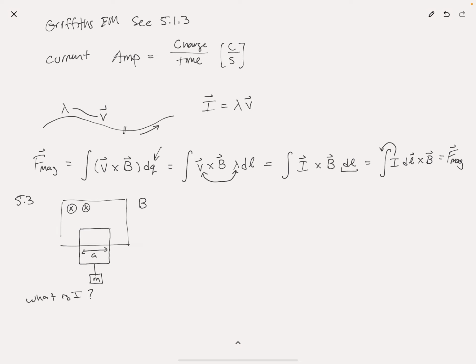The only way for this to happen is to think of a free body diagram. You have a gravitational force, and the only way for it not to fall is to have an upwards force, and that can only come from, in this case, the magnetic field. So we need to figure out what that magnetic force is, and to do that we need to figure out what the current is.